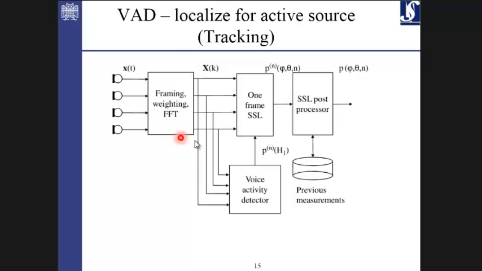So the entire process is happening like this. We have the array of microphones here. We get this information from the array, then calculate the voice activity detector, whether there is a source or not. If the probability of this hypothesis, which is the activation of the source, is high enough, then we trigger, for example, a single frame source localization method.